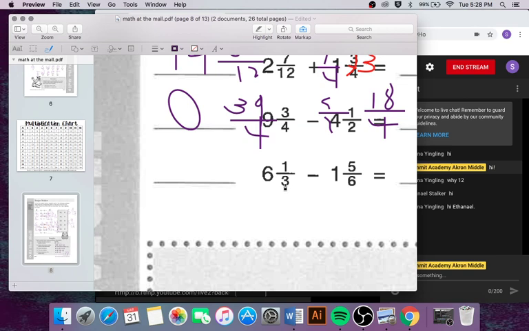Okay, for our last one, you're going to multiply 3 times 6, which is 18, plus 1 is going to be 19 over 3.